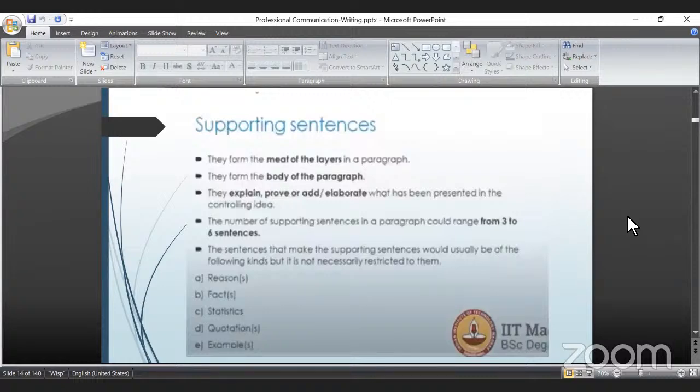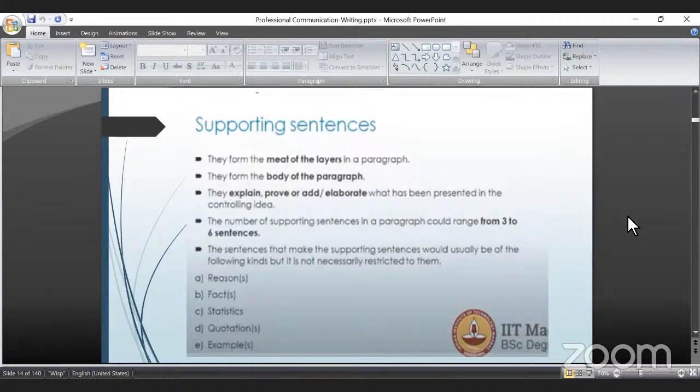So today we are going to discuss the remaining part of the development of paragraph, and within that the remaining two components for developing a good paragraph, which are supporting sentences and the concluding sentence. Then we're going to do an activity today that is mostly about the topic sentence, a quick activity on how to identify topic and the controlling idea.